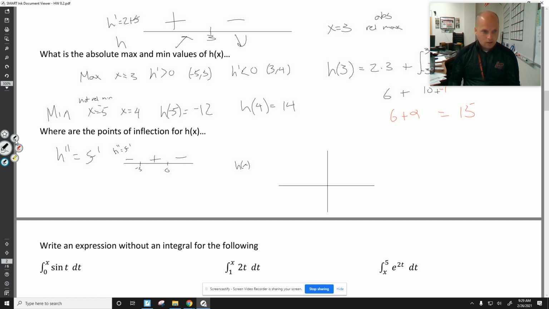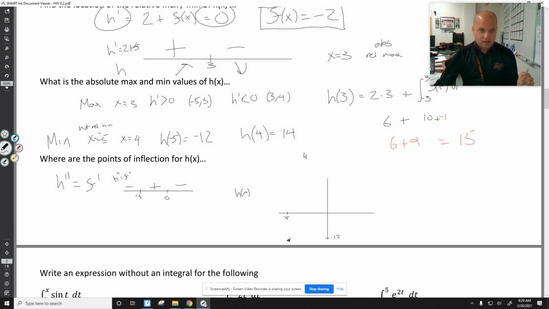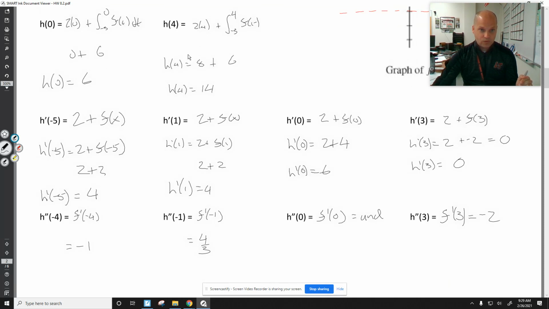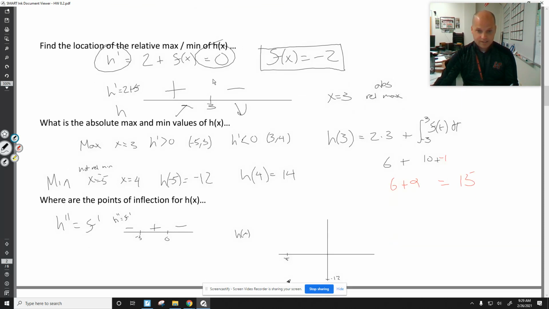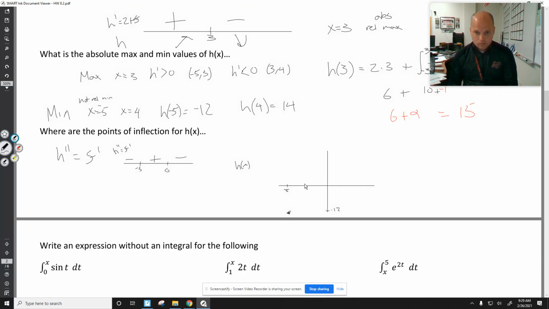So at -5, I start at -12. Increase concave down until -3. At -3, I have -6. Increase concave down that much, I add 6.